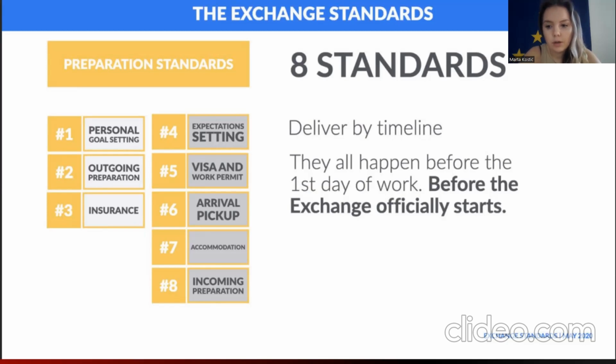If we fulfill that, then the standard is fulfilled. So please be careful about this when you speak with the EP about accommodation, to not set too high expectations, because it's not so expensive, so we cannot offer luxury accommodation, but it's supposed to be okay.